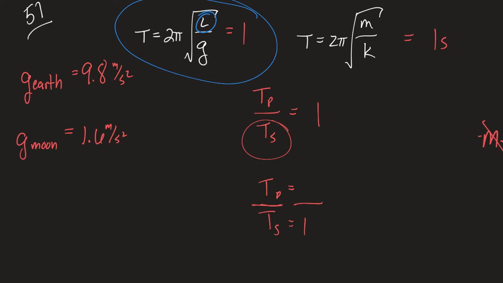So we should all get the same number here. Use 9.8. And I'm going to come and look at your work. So if you don't know what I'm asking you, I'm asking you to solve for the length of a pendulum that would have a period of 1 second on Earth.